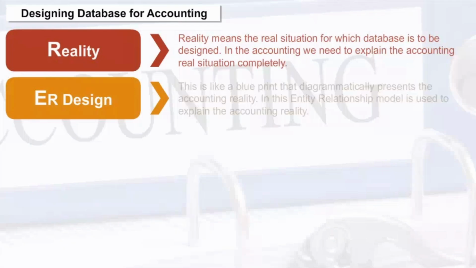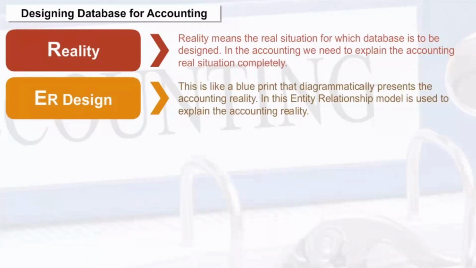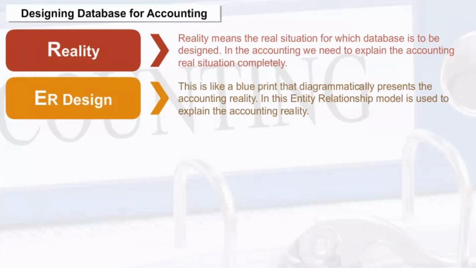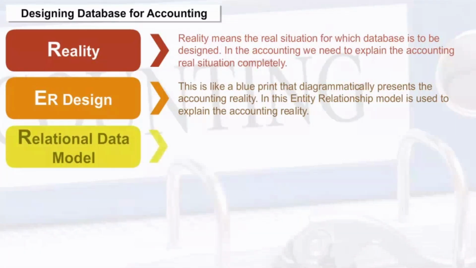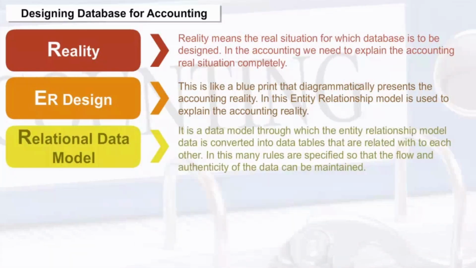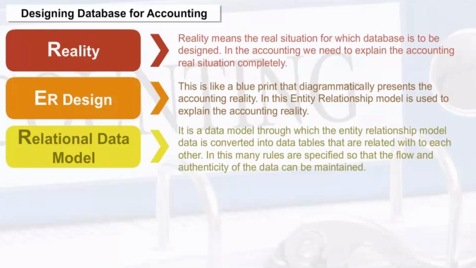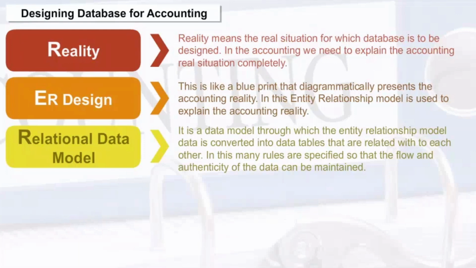ER design. This is like a blueprint that diagrammatically presents the accounting reality. In this, the entity relationship model is used to explain the accounting reality. Relational data model. It is a data model through which the entity relationship model data is converted into data tables that are related with each other.